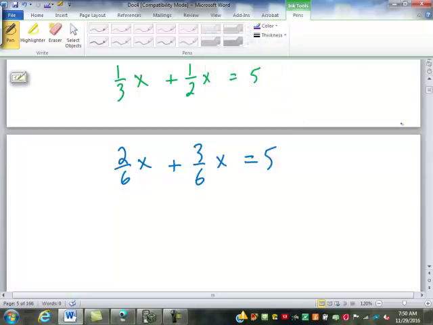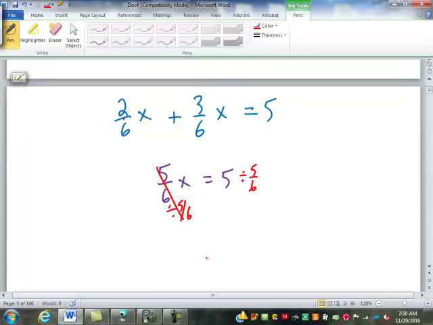So now that I have them in common denominators, I can just add the fractions. 2/6 plus 3/6 is 5/6. The x is still there, equals 5. And now I can solve by dividing by 5/6. So x equals 6.